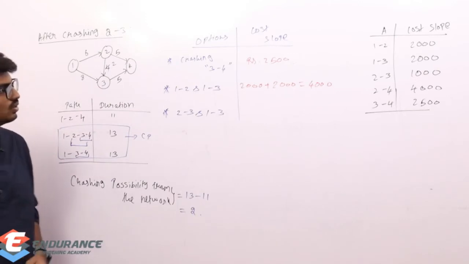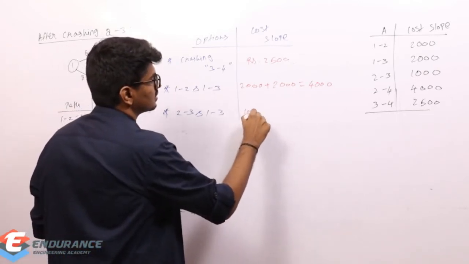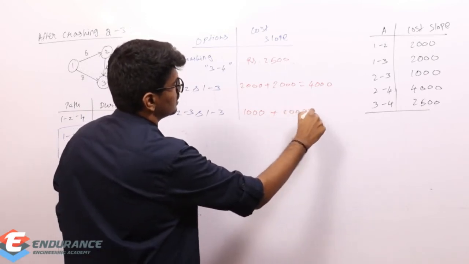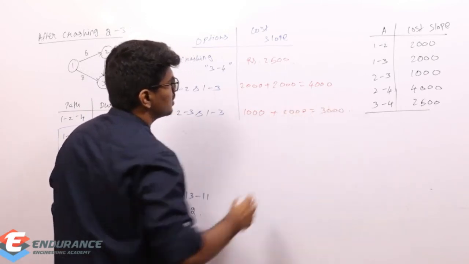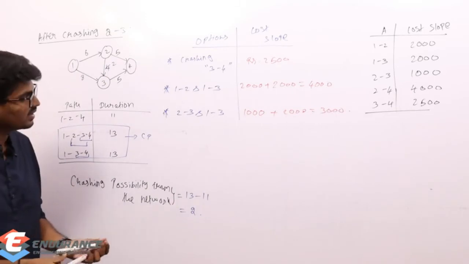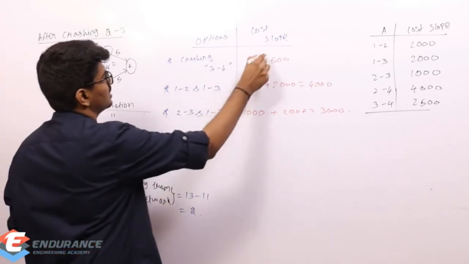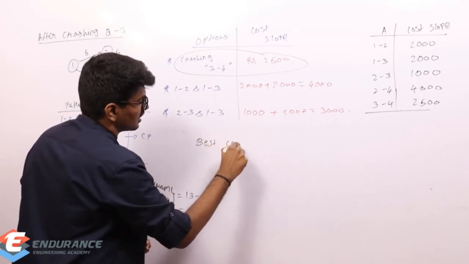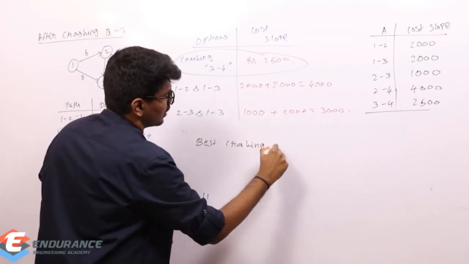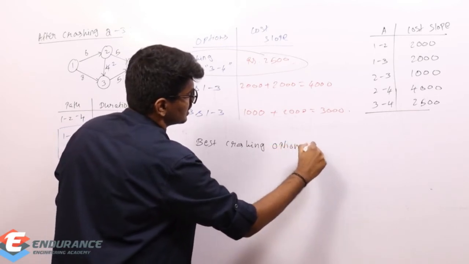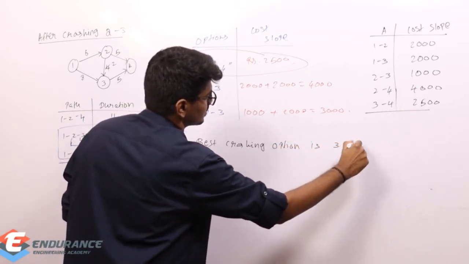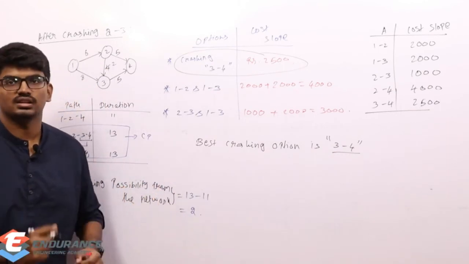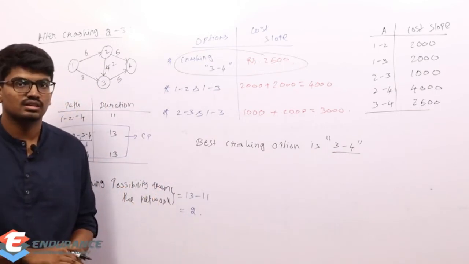And 2 to 3 is 1000 and 1 to 3 is 2000, which is 3000. So what is the minimum cost slope? Minimum cost slope is crashing 3 to 4. So the best crashing option is 3 4.